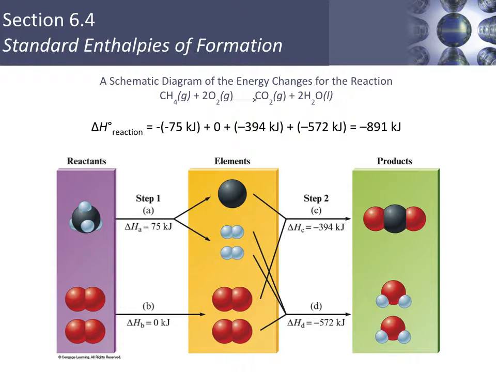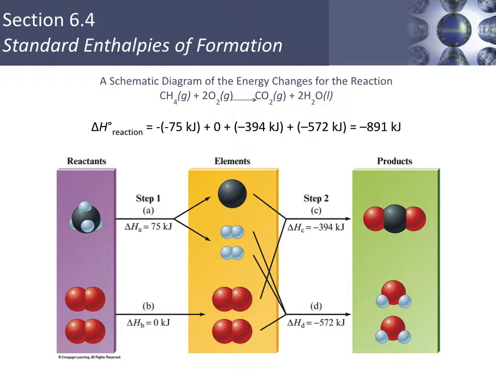But the example here, just to walk you through it, the reason why, number one, there's a negative sign at the beginning is because this is for the reactant stage. And if you remember, I told you we take products and we subtract reactants. Also, it's a negative 75 kilojoules, and that is because we're talking about the formation of methane. And the formation of methane would be going in the opposite direction where you have carbon and 4 hydrogens coming together to form CH4.